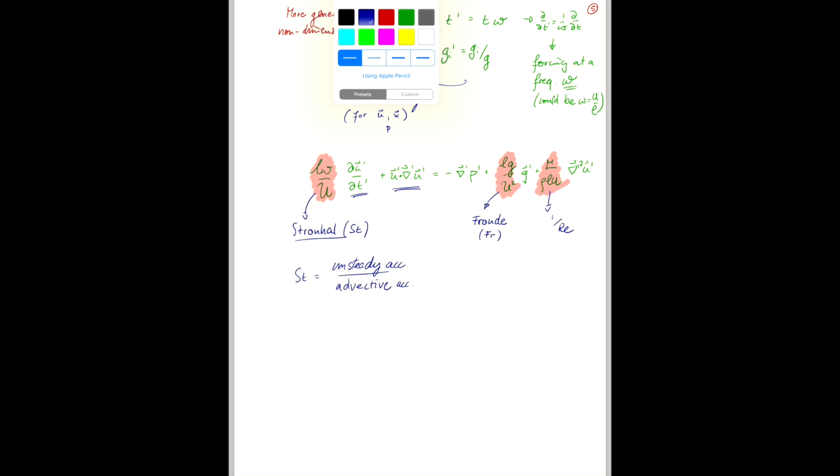So if we look at these two terms, they are proportional to du/dt, that's the top one, over u du/dx in the simplest way.